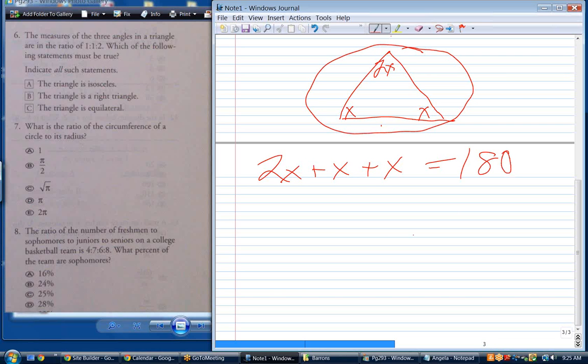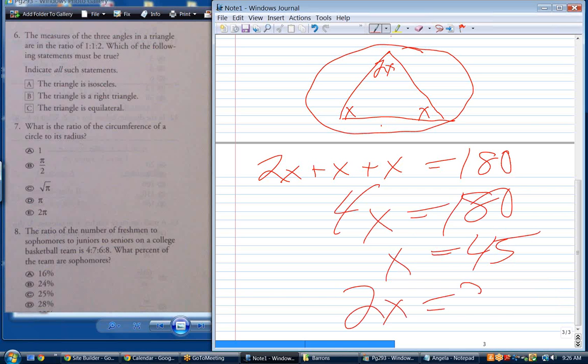And so yes, it comes out to be a right triangle. 4x equals 180, x equals 45, which means the 2x angle is the 90-degree angle. So it's A and B, but not C.